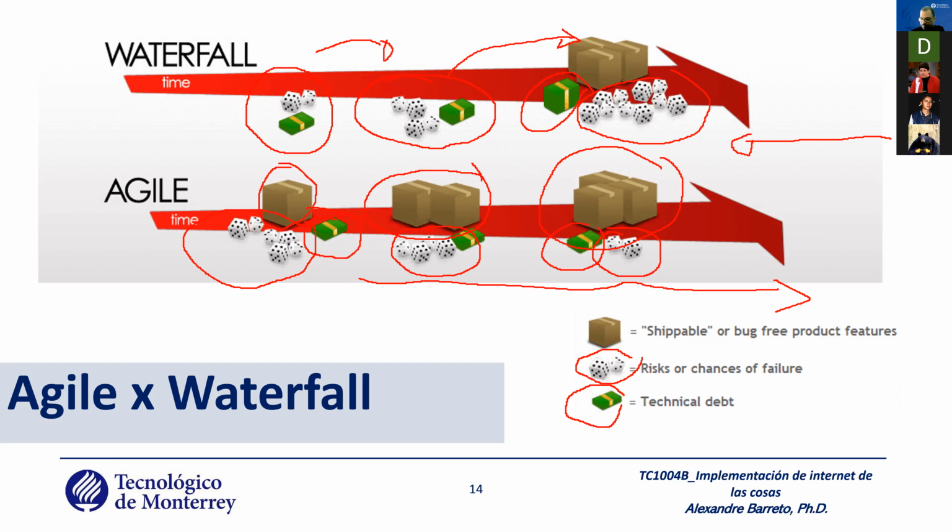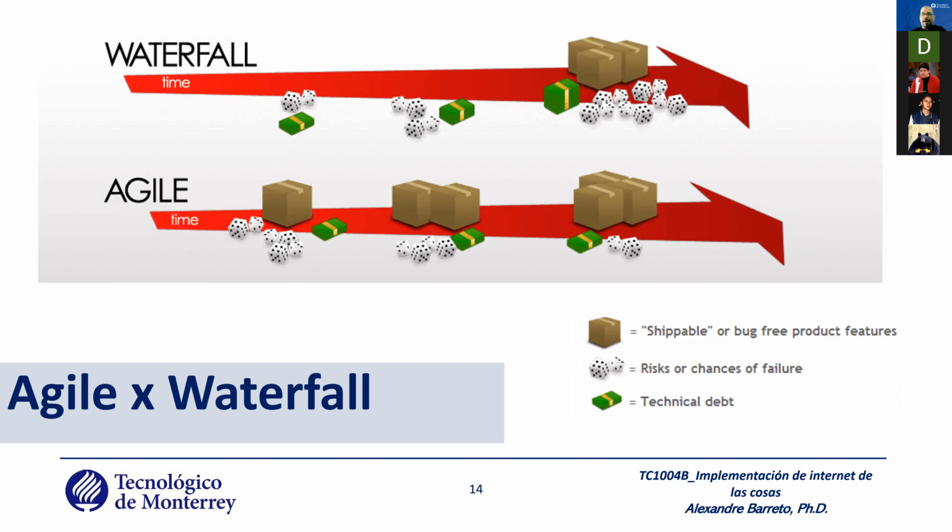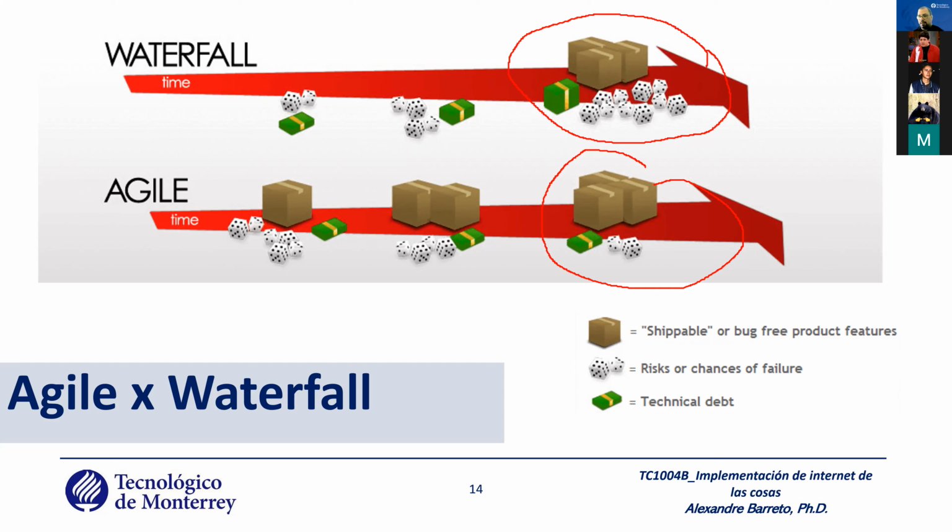My question to you before you go to the break: why is the risk here much lower than here? Who can answer me? Why is the risk in Agile lower than in the waterfall? Because you constantly try to improve your project.